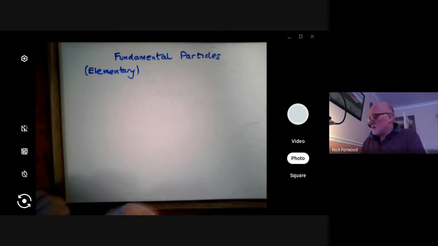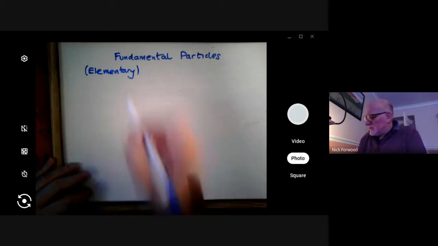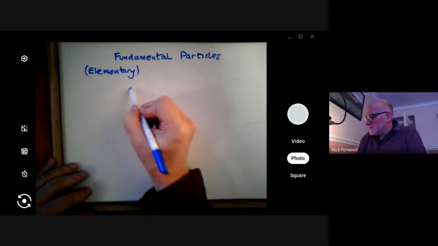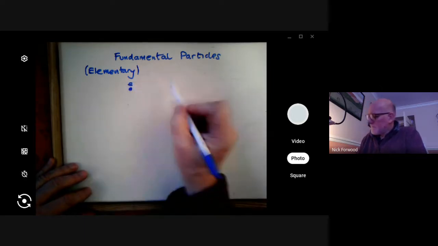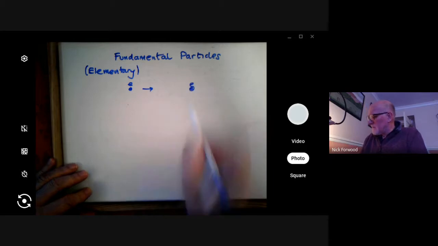Let's go back and have a look at something we did earlier, which is electron-electron collisions, where two electrons are collided in some sort of particle collider.